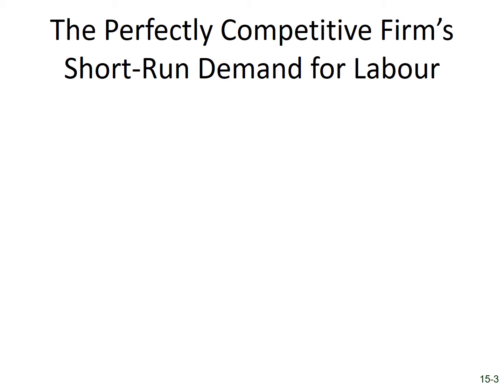And we're going to therefore assume that the firm is a price taker, since this is a perfectly competitive market. And we're also going to assume that capital is fixed when labor is the input that varies. So what quantity of labor should the firm decide to use at a given wage W? What should be its decision rule?